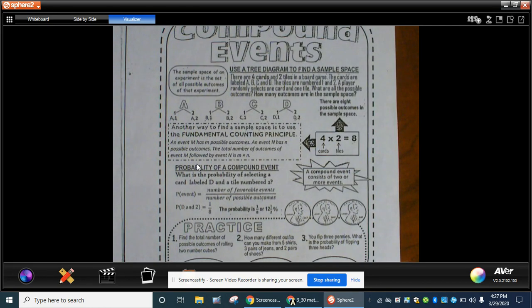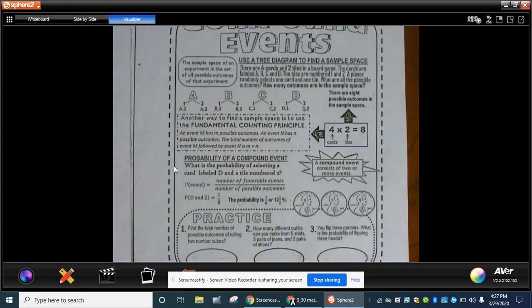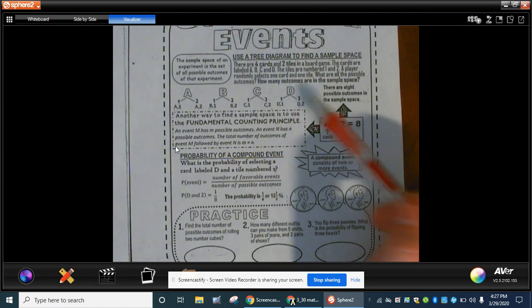All right, the probability of a compound event is calculated as listed below. The probability of some event is equal to the number of favorable events divided by the number of possible outcomes. So what is the probability of selecting a card labeled D and a tile number 2? Let's jump back up to our sample space. We can do this simply by observation.